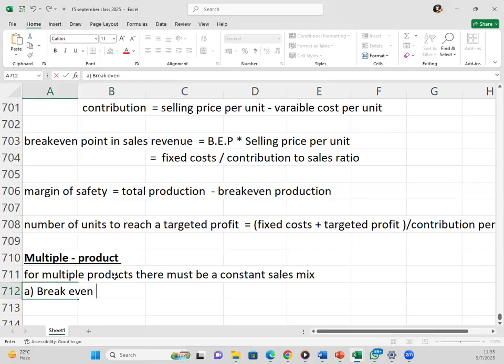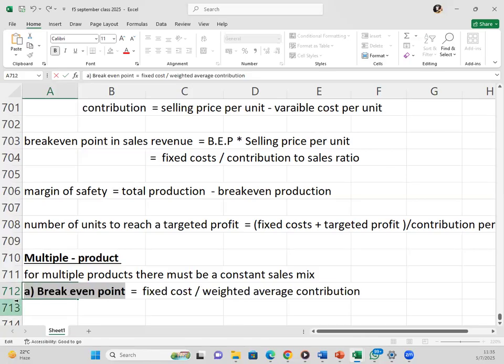So for the break-even point, it is fixed costs over weighted average contribution.